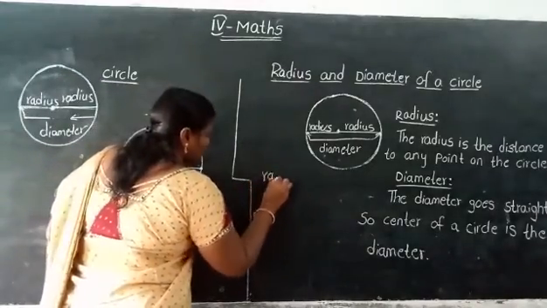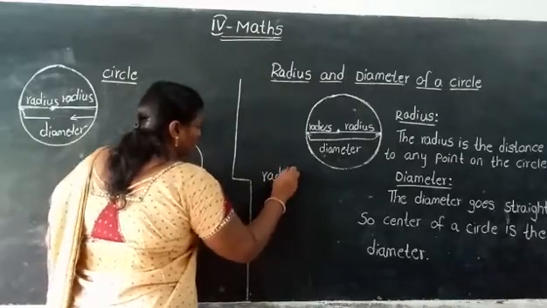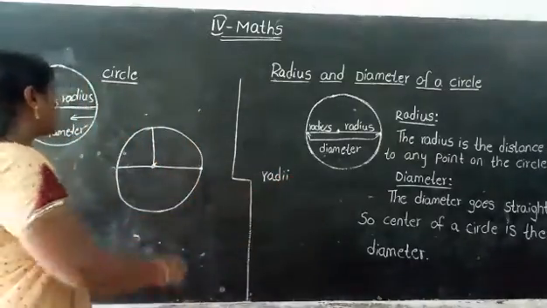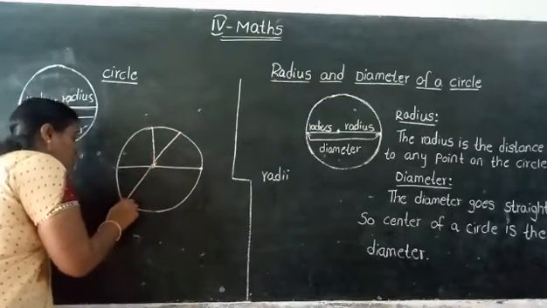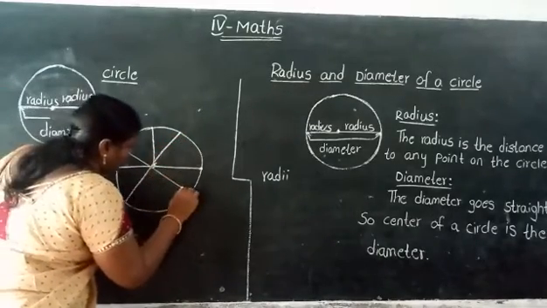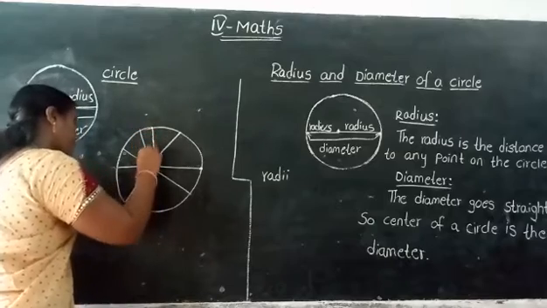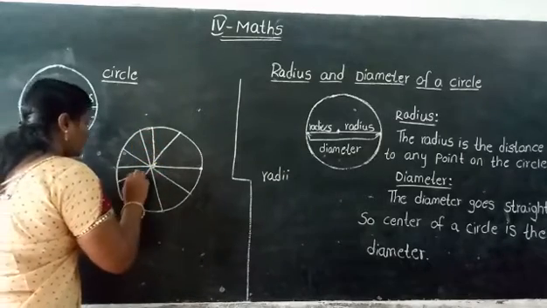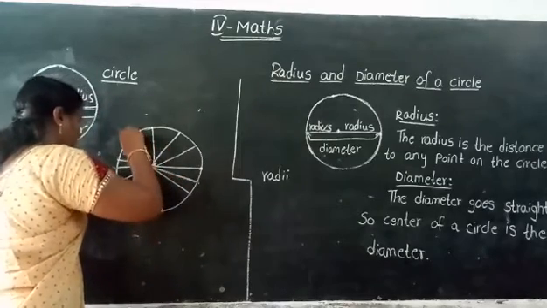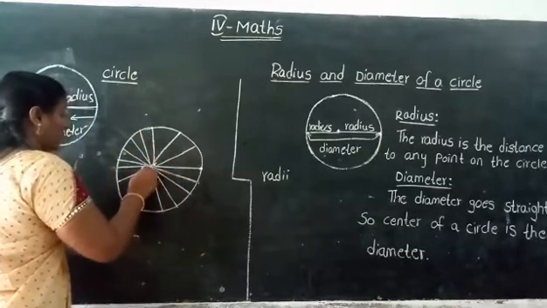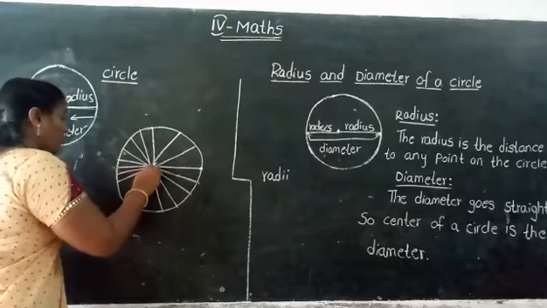What is this? Radii. This is the plural form of radius. So we can draw so many radii through the center point. See here. We can draw like this so many radii.